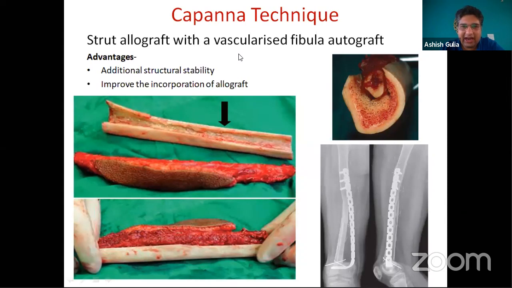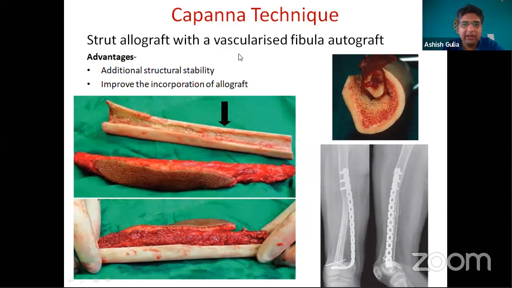Sometimes, if possible, we try to avoid harvesting the proximal end, because we have seen that the rate of neuropraxia or neural injury to the common peroneal nerve increases if you harvest the upper end. So we try to harvest the middle segment.